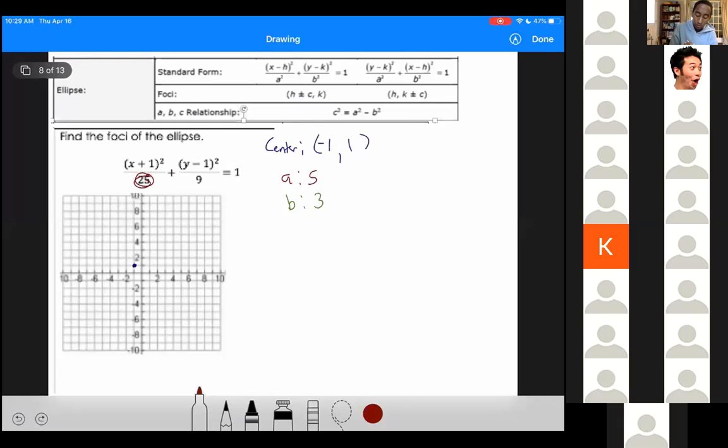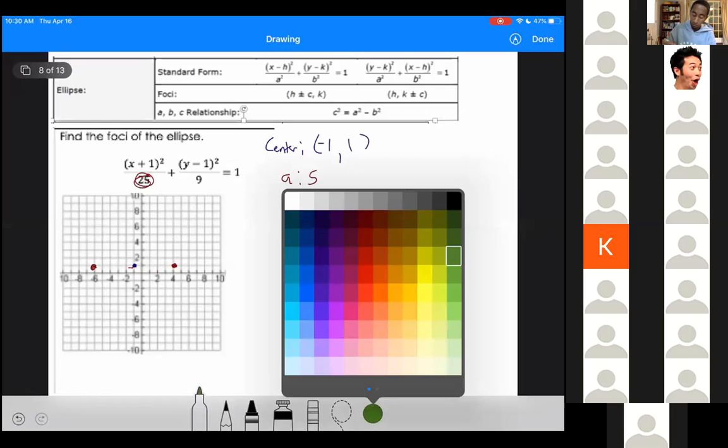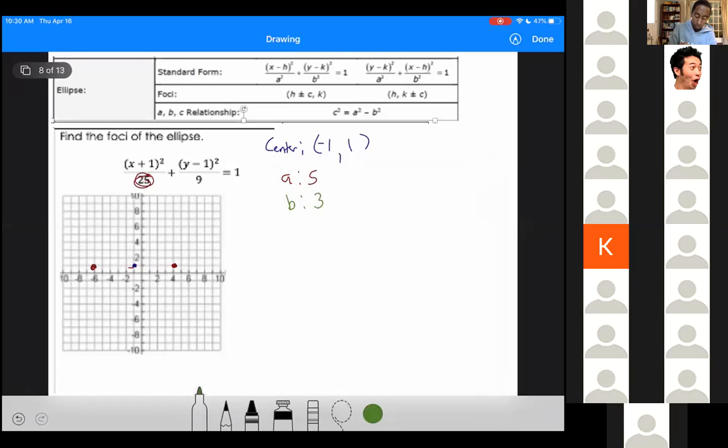Okay, so we're going to go to the right 5 then. That's where our vertex will be, and to the left 5, that's where our other vertex will be. Okay. And then our B, which is 3, we're going to go up 3 and down 3. Okay. So that is our ellipse there.